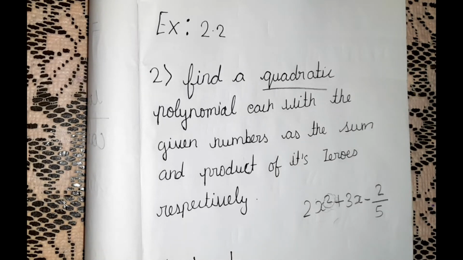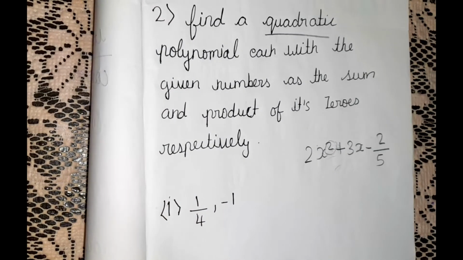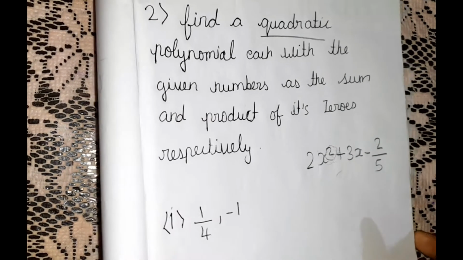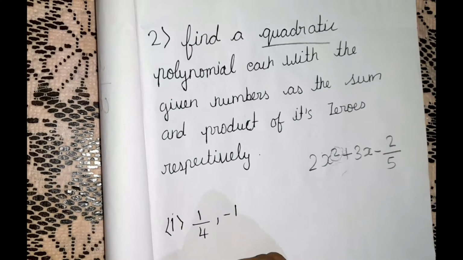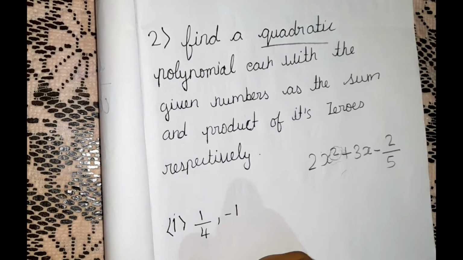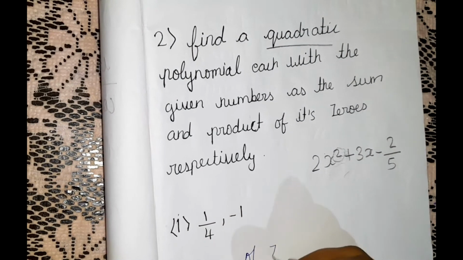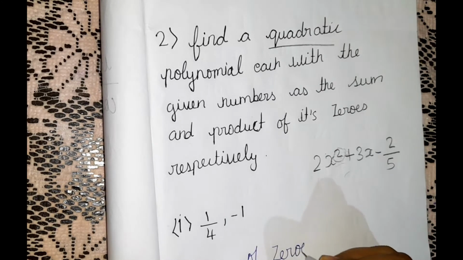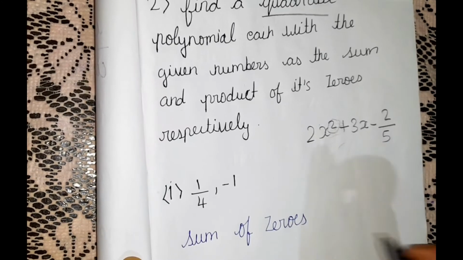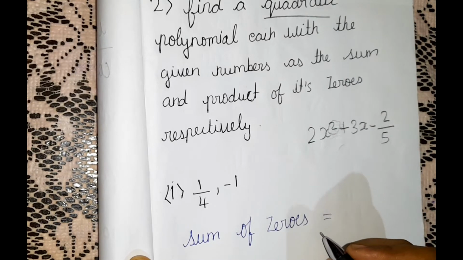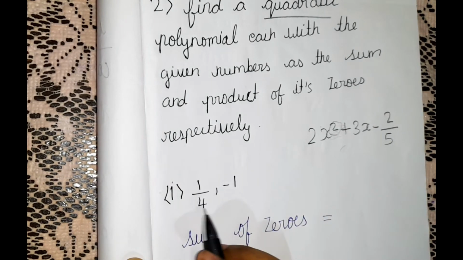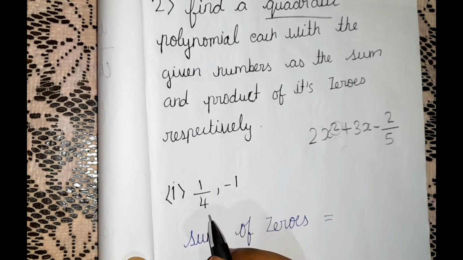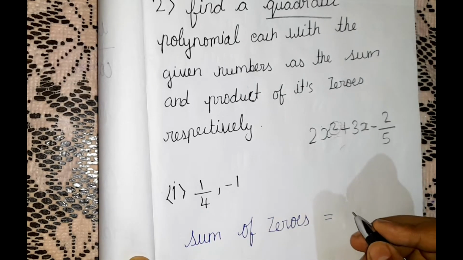First of all, for solving it, let us write sum of zeros is equal to, so here in this question we have 1 by 4 and minus 1. So we are going to be taking 1 by 4 as sum of zeros.